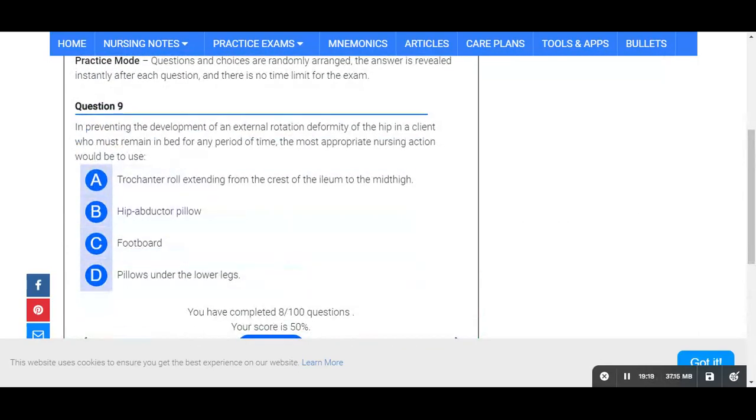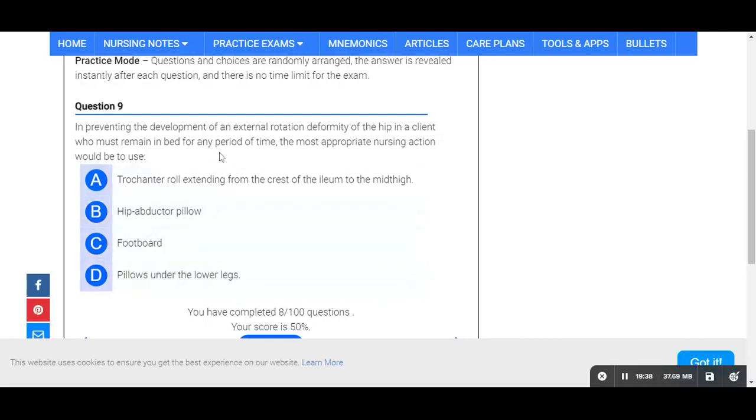Okay, in preventing the development of an external rotation deformity of the hip in a client who must remain in bed for any period of time, the most appropriate nursing action would be to use a trochanter roll extending from the crest of the ilium to the mid-thigh, a high abductor pillow, or footboard pillows under the lower legs.